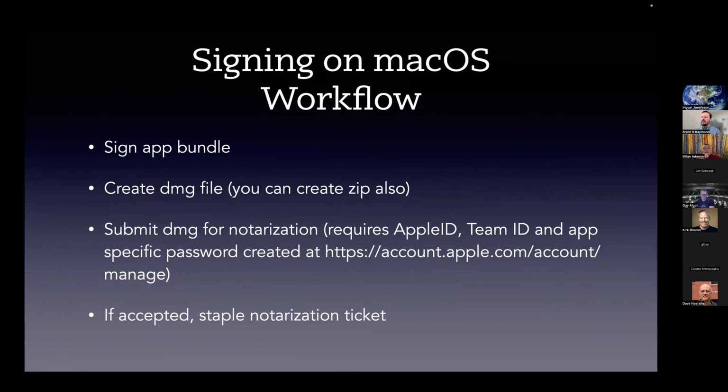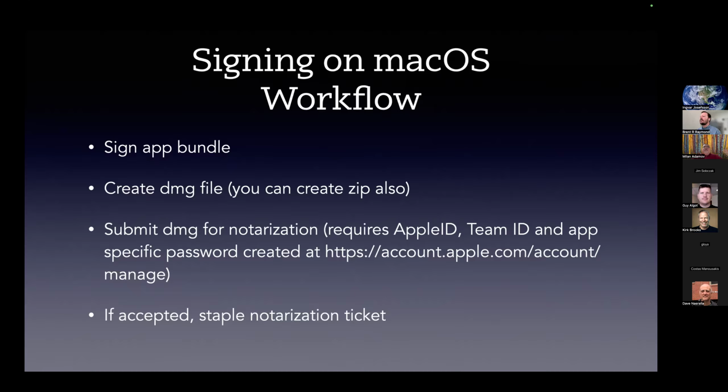What stapling means is, for example, you notarize your DMG and you're delivering that. Imagine that your client doesn't have internet at the moment of launching the application or opening the DMG. Apple servers are not available.